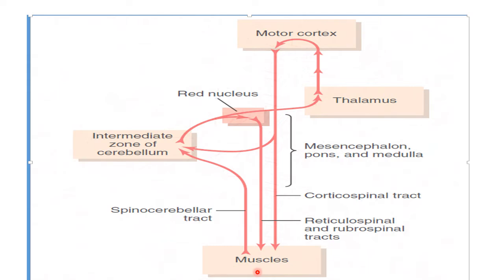The motor cortex acts at a conscious level, so the unconscious level also influences your conscious level. The unconscious level regulates motor action via the thalamus and red nucleus, which in turn get the impulses by the spinocerebellar tract.